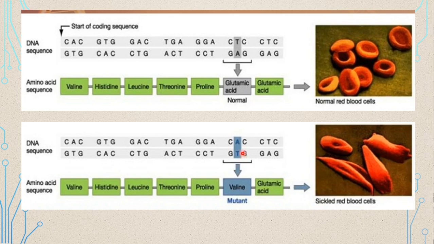But the consequence, you see: earlier CTCGAG was coding for glutamic acid through the RNA. Now, due to the change in this particular base pair, it is coding for valine. What was coding for glutamic acid is now coding for valine.